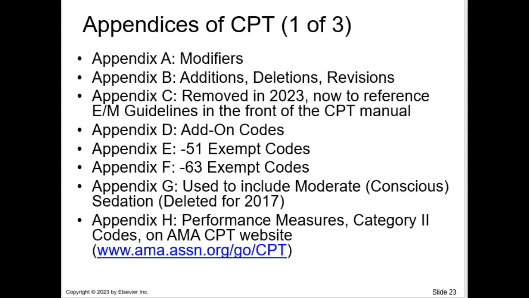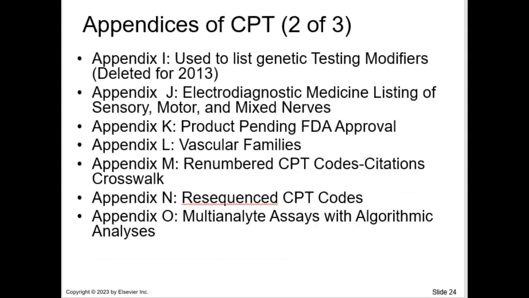E is 51 exempt, modifier 51, same thing with F, modifier 63. Okay, Appendix G is used to include moderate sedation. This was deleted for 2017, so you're not going to see this. And H, performance measures. And I'm not going to read through these. You can read through the rest of these. I can tell you you're really not going to use these as an entry-level coder.